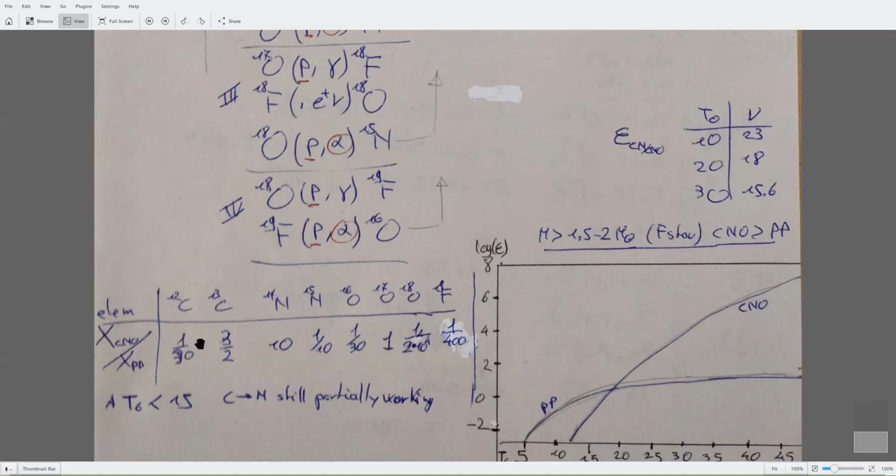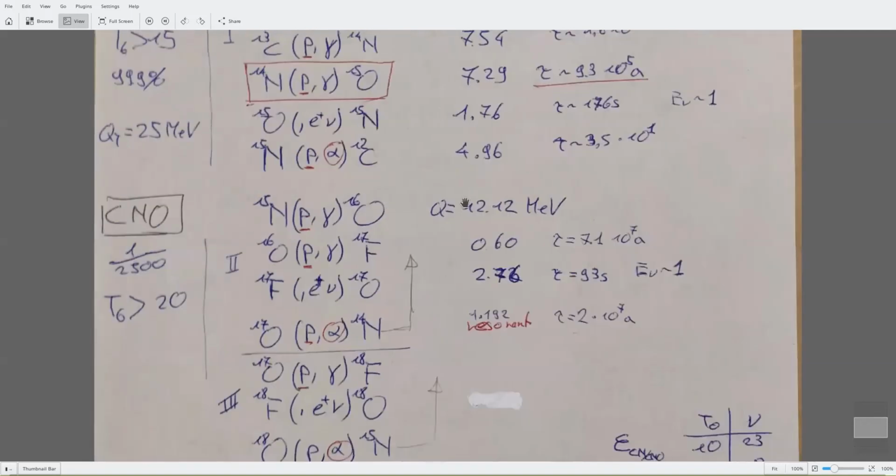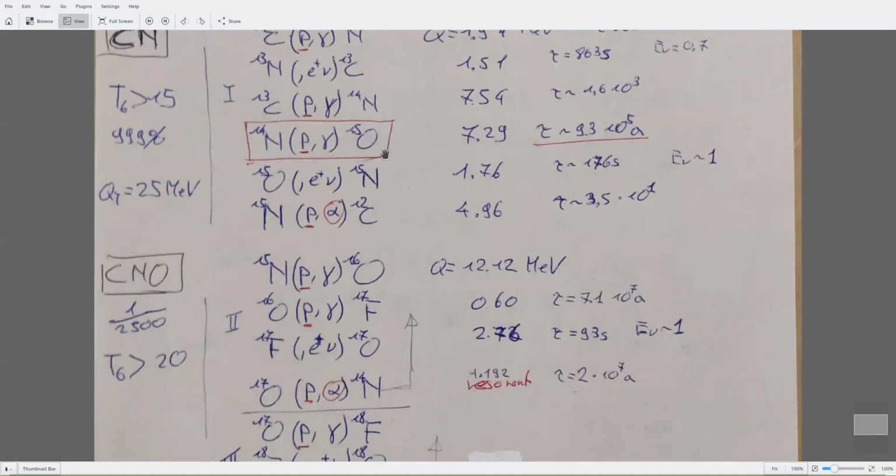The line for the metals has a little difference. It is definitely noticeable. You can notice the difference in the abundance, but mainly what you see is essentially a lot of nitrogen, because as I said, this reaction is really slow.